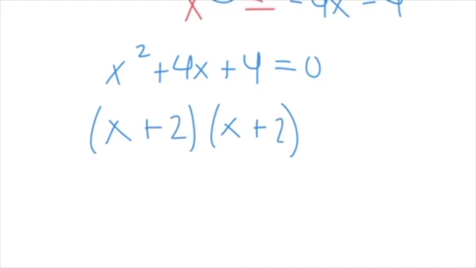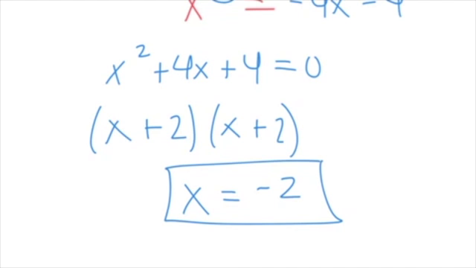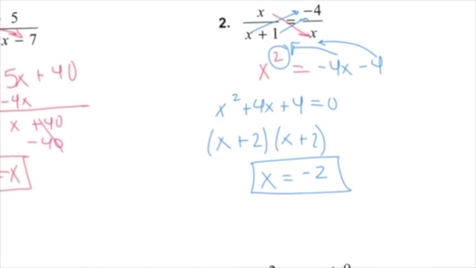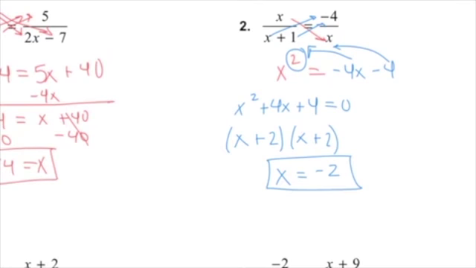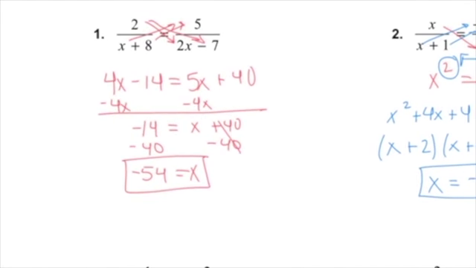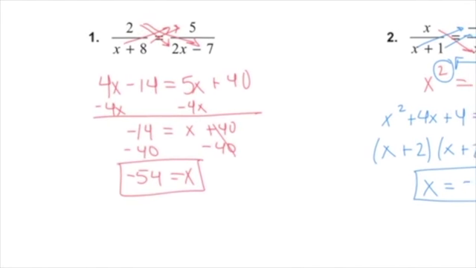So since they're both the same, my answer is just x equals negative 2. Because if you set it equal to 0, subtract the 2 over, you get x equals negative 2. And that's your answer.